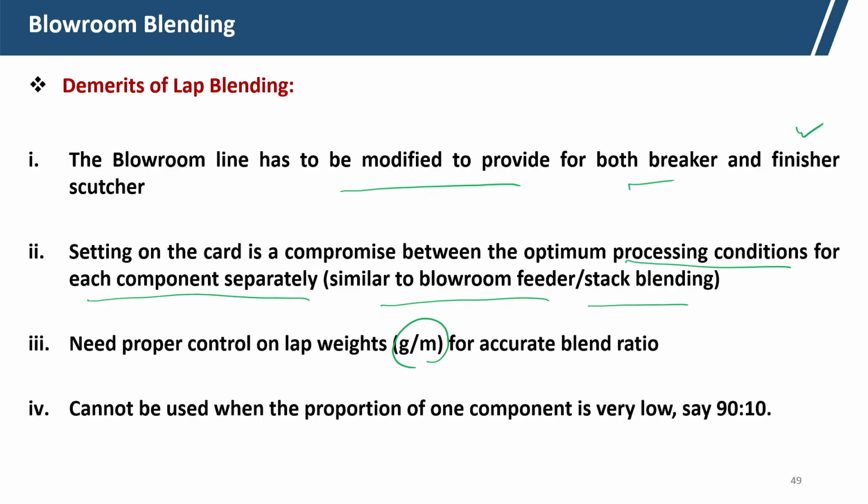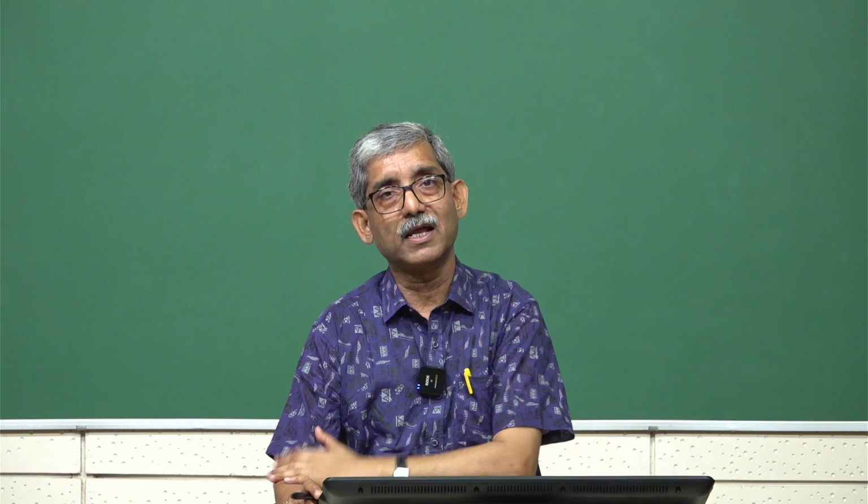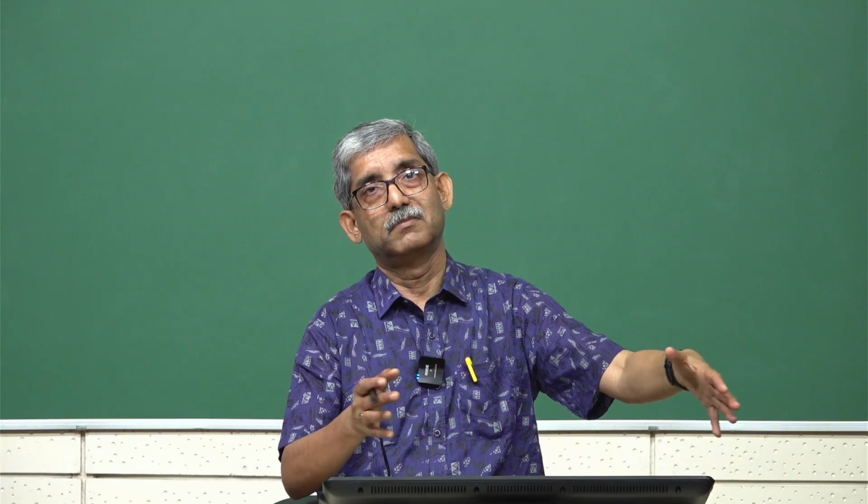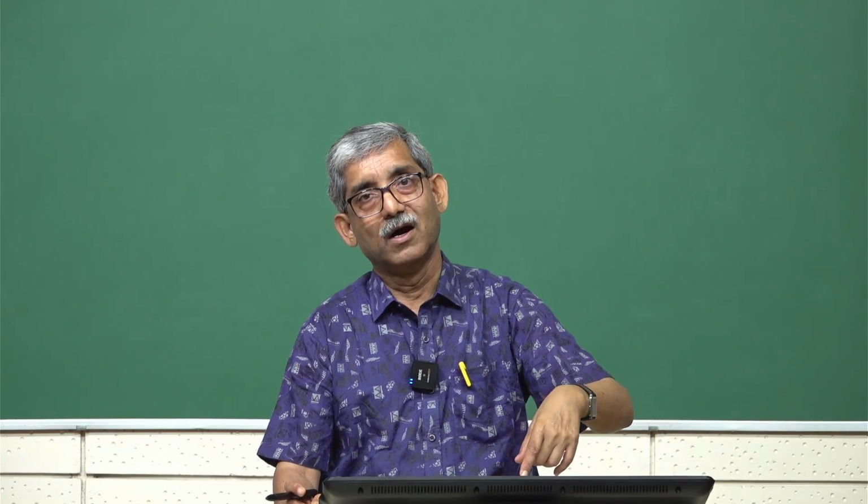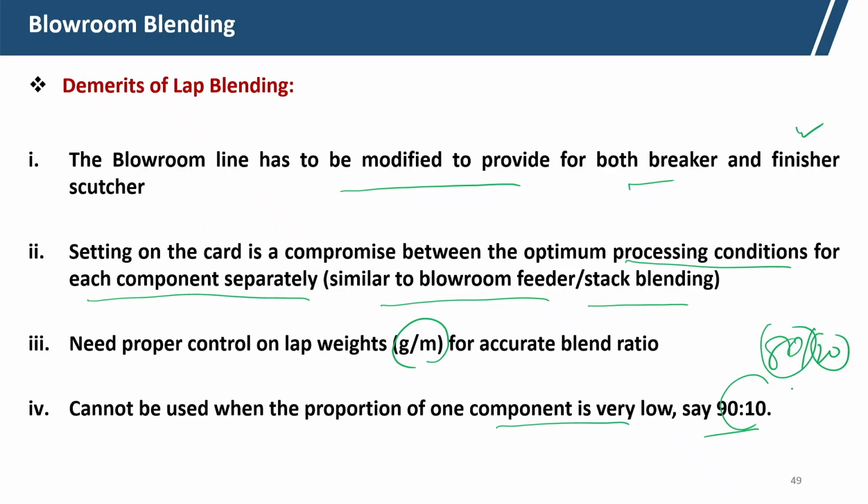So, it cannot be used when one component is very low, like 90-10, 80-20. So, for 80-20, how will you blend? Either we have to have a large number of feeder slide laps at a time, because for 90-10, if the linear density of each lap is the same, then we need 10 such laps fed.